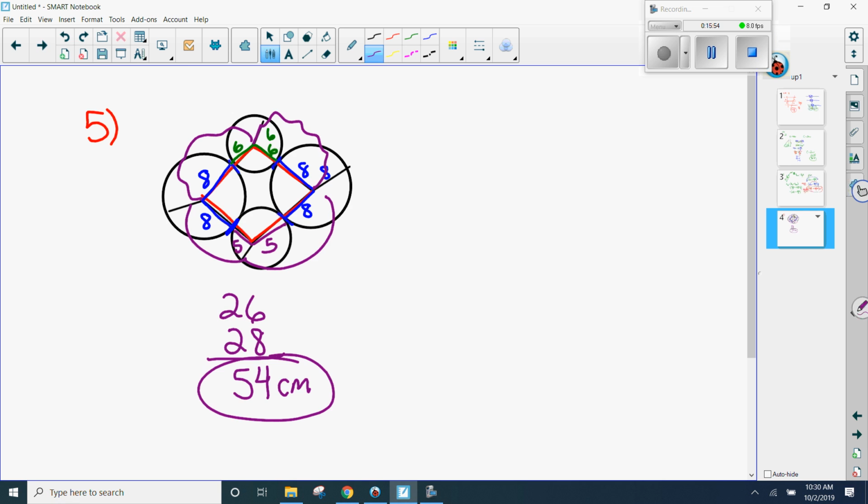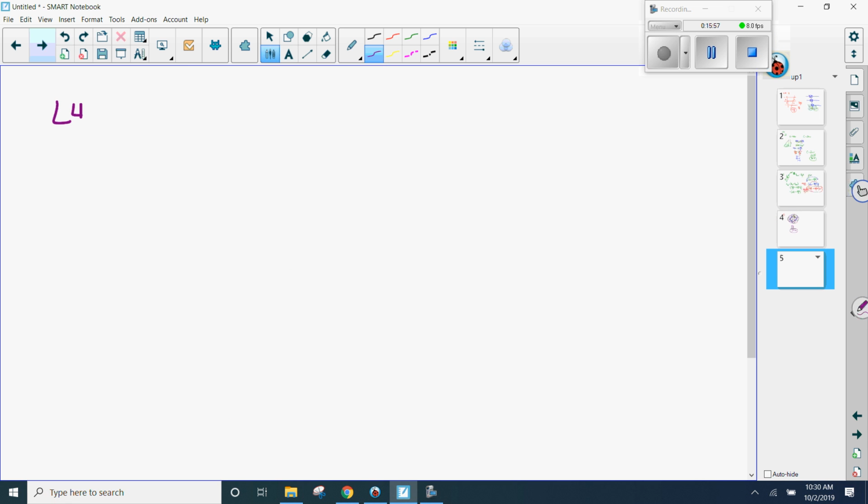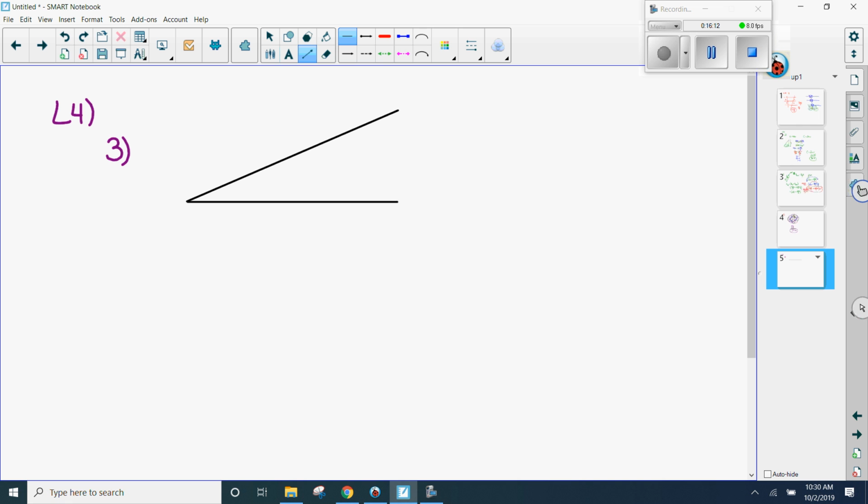One thing I want to point out was on lesson set 4, was number 3 a problem for anybody? You need to just look at what is marked, and you're going to have to cross off some stuff because you really honestly know what to do with this one.